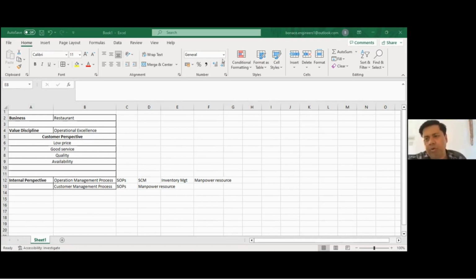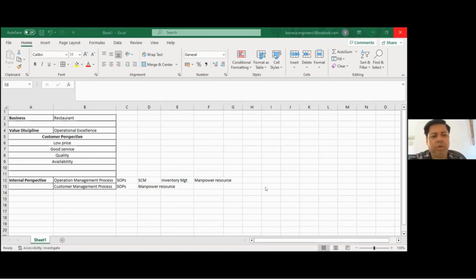Inventory management to make resources and food available for the people. For sure, manpower resource under operation, efficient manpower resource would be a part; we'll come to that, the HR part. Customer management processes, SOPs, SCM and inventory.